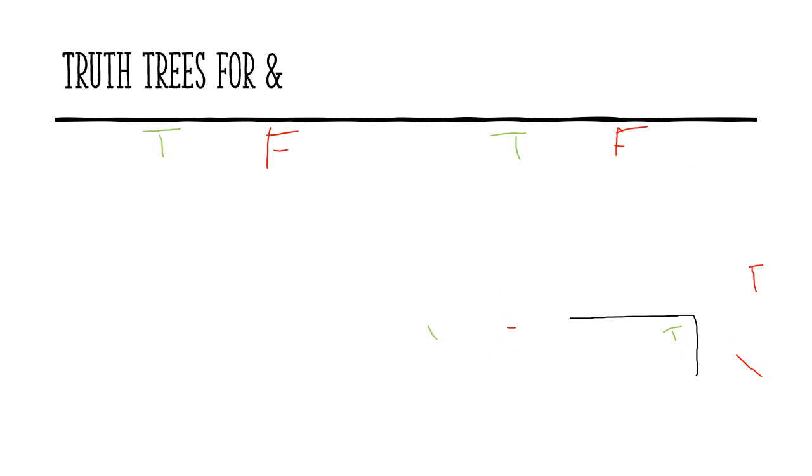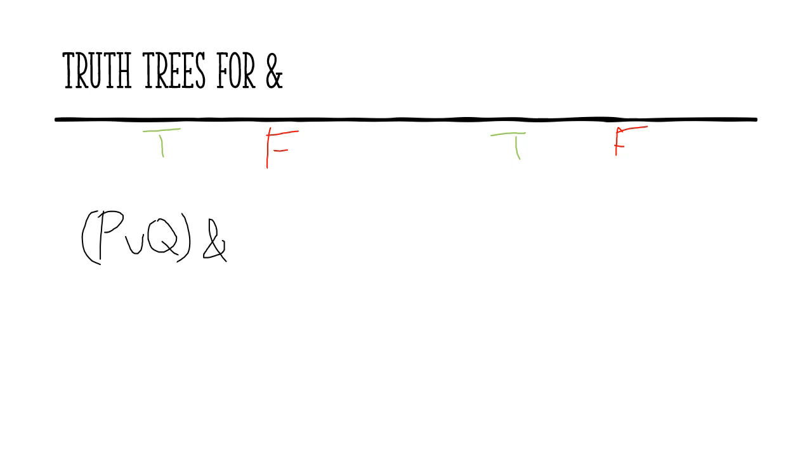So, say instead of just a simple P and Q, I had a P or Q with parentheses, and let's say L arrow T. And let's say that that's on the left side of my branch.